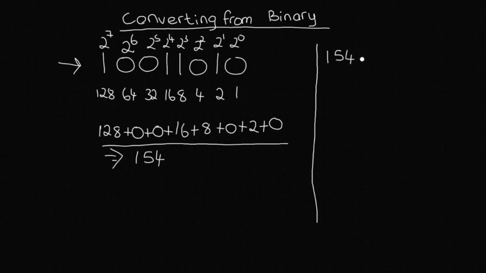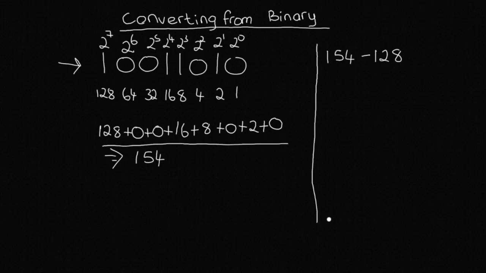With our given number, we need to take away something from it. The first thing we need to see is we will go to the far left and see if it's possible for 128 to be taken from 154. If we take 128 from 154, we can do this without getting a negative value. We'll draw a little chart down here at the bottom so that we can keep track of what we're taking away.